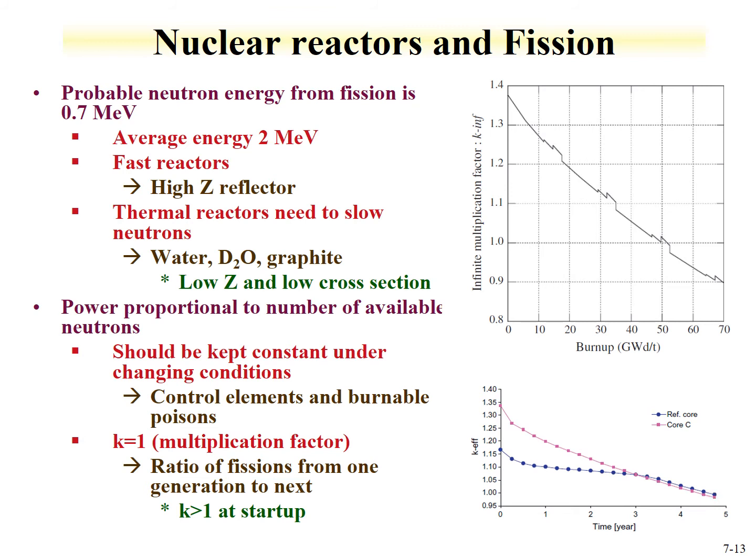And one thing they would like to do in reactor systems is have a K effective which is fairly constant over time. Once you get a K effective below 1, you are no longer able to use that as fuel. In fact, you want a K effective really of 1. You want the ratio of fissions from one generation to the next to be nice and steady.